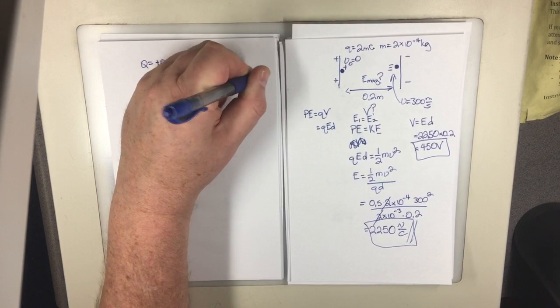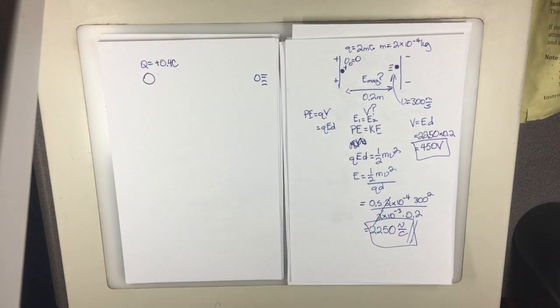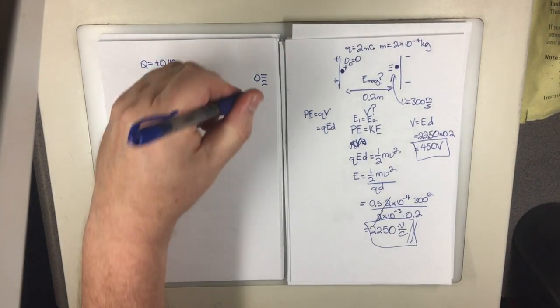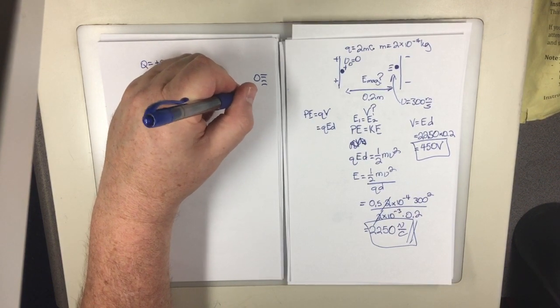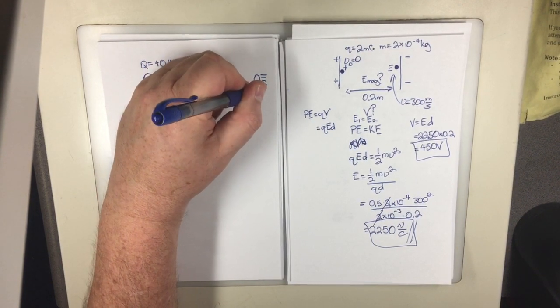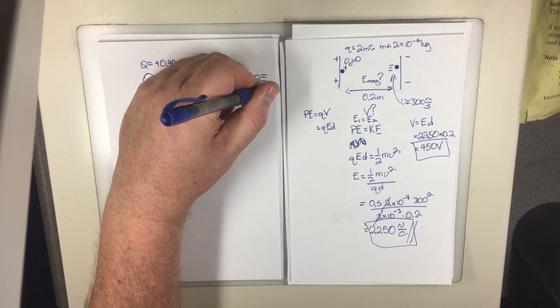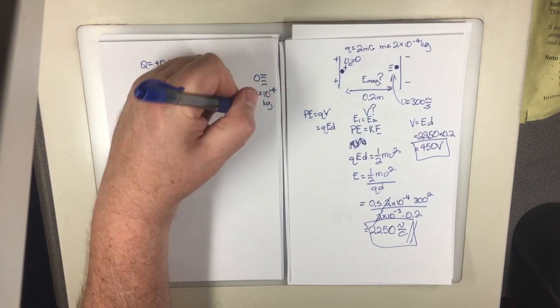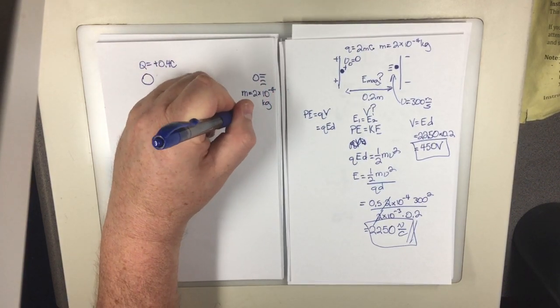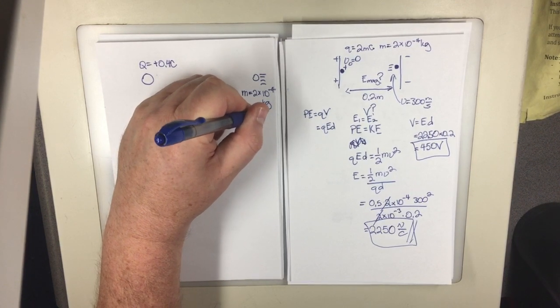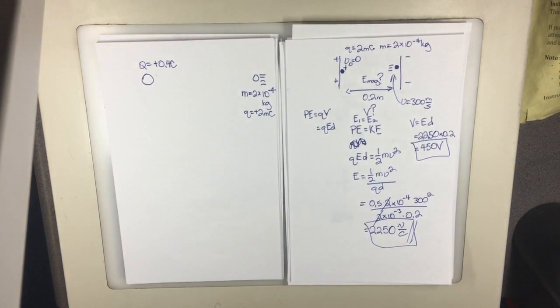And at a very far distance, I have that same particle, 2 times 10 to the negative 4 kilograms, and the charge of that particle is positive 2 millicoulombs.